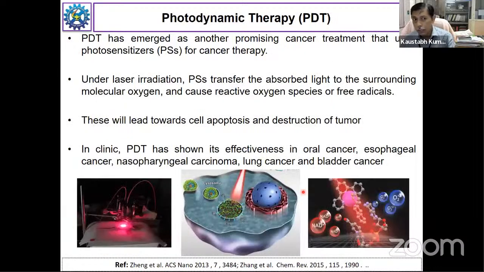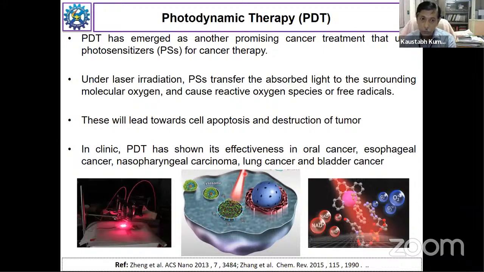Another is called photodynamic therapy, where you need a molecule which is called a photosensitizer. It is an organic molecule, or maybe a metal-ligand complex. But the feature of these molecules is that on shining the light, they can generate singlet oxygen, and that singlet oxygen is a toxic material which can damage the cells, and damage or intercalate the DNA.